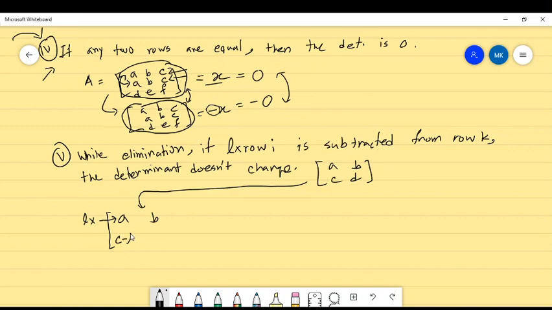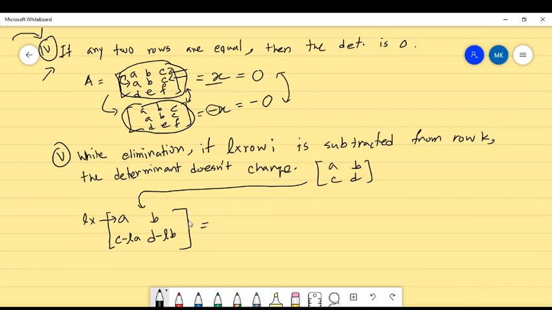So you have this effect on this matrix: B minus, sorry, it should be D here. So D minus LB.